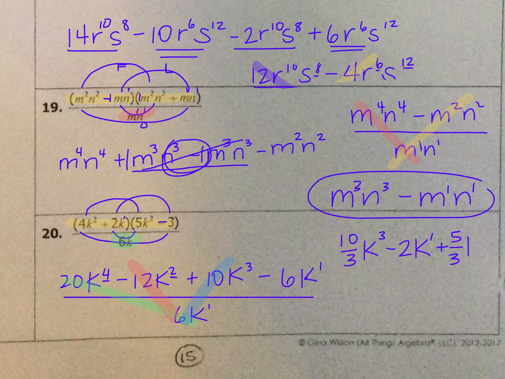And that's K. 3 minus 1 is 2. And then the last one is negative 6 divided by 6 is negative 1. And then I got 1 minus 1 is 0, so I just stop right there.